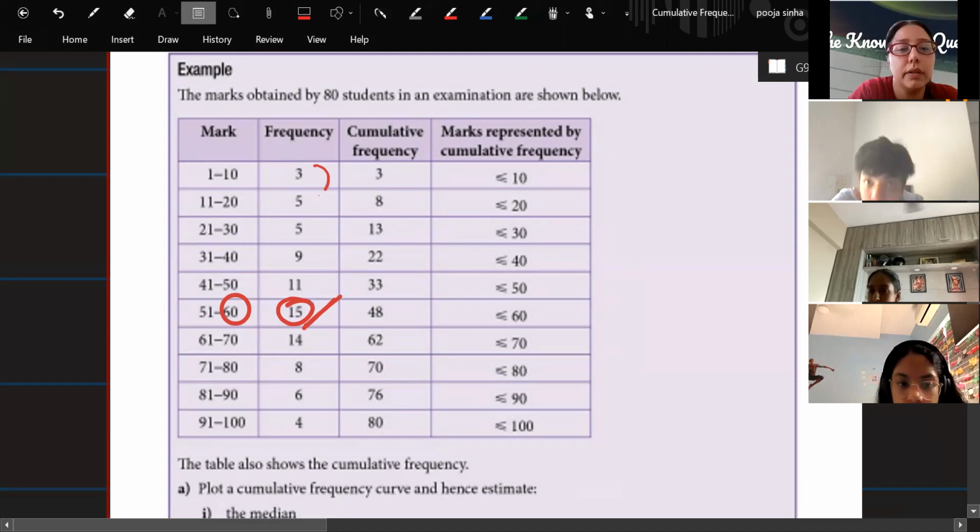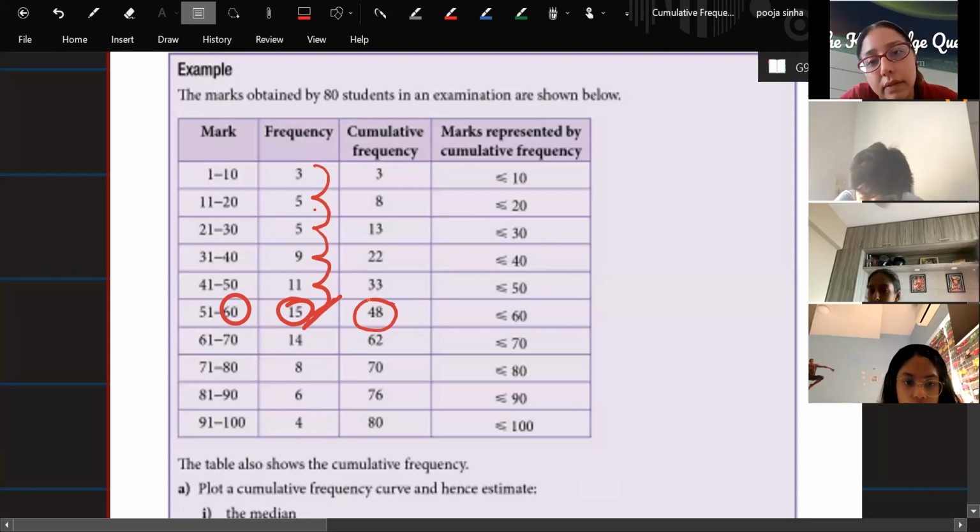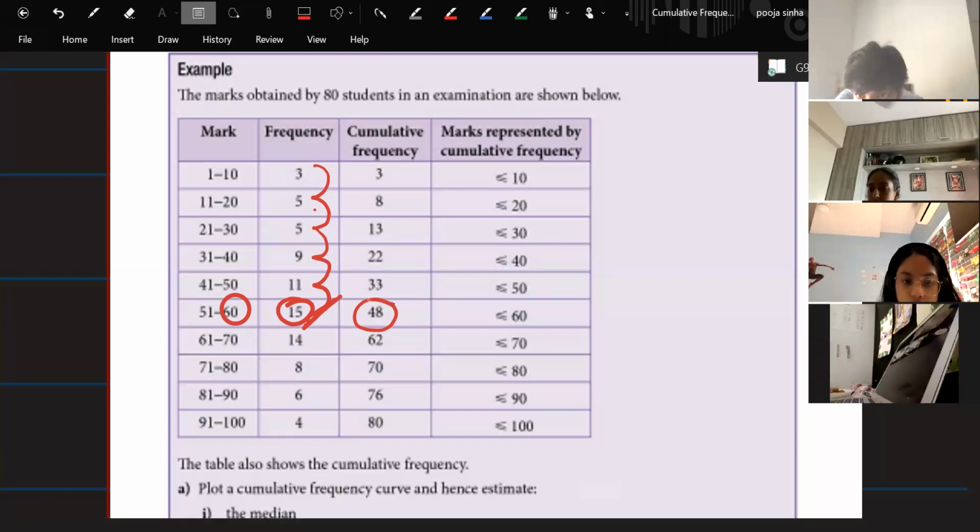So what will I do? 3 plus 5, answer plus 5, plus 9, plus 11, plus 15. When you add up all of these, you will get 48. Right? So, Kyra, are you getting this one? Yes, you're accumulating them, right?